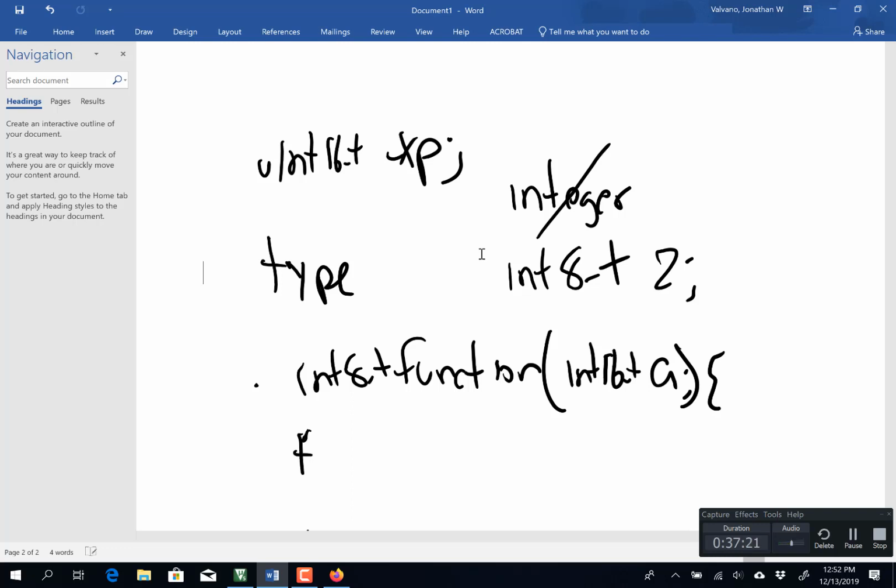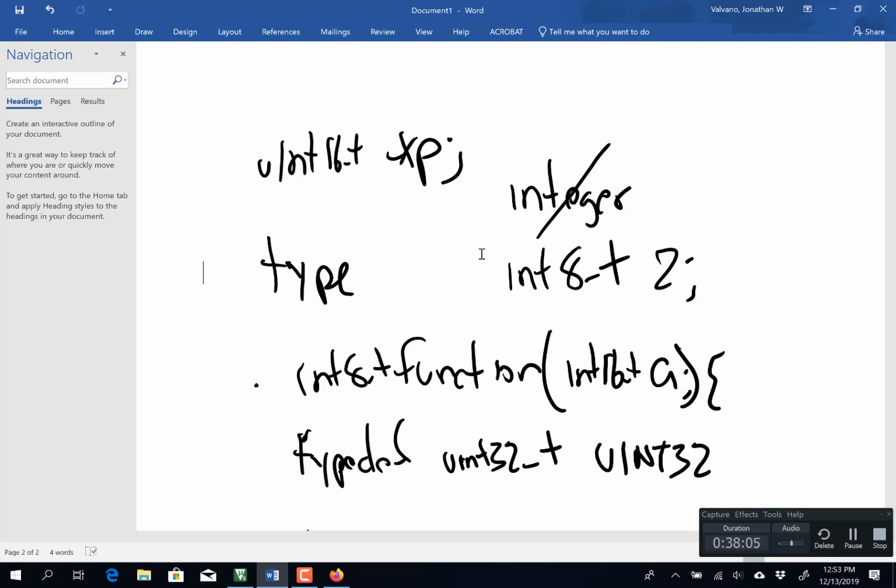Typedef uint32_t. What's the point of that? It's just faster to type. Somebody wrote code that has every unsigned 32-bit number with that type. You'll see that when you get to C++. That's the typical typecast for an unsigned 32-bit number.